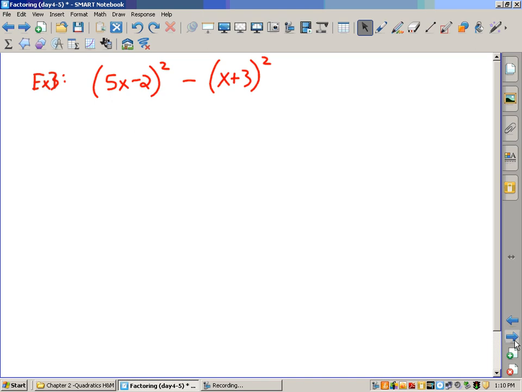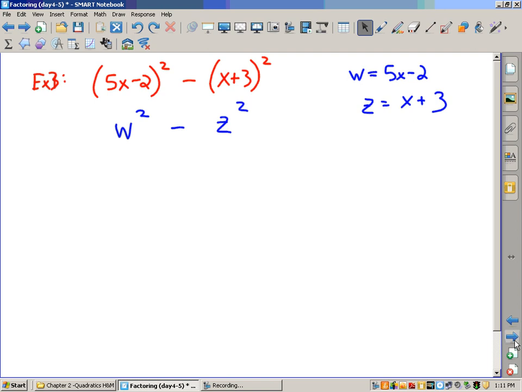What I see right up here is a substitution problem where I see a difference of 2 squares. I'm calling W the 5x minus 2. I'm calling z this x plus 3. How I know to do this doesn't matter.